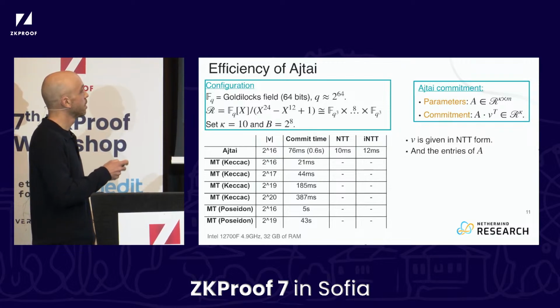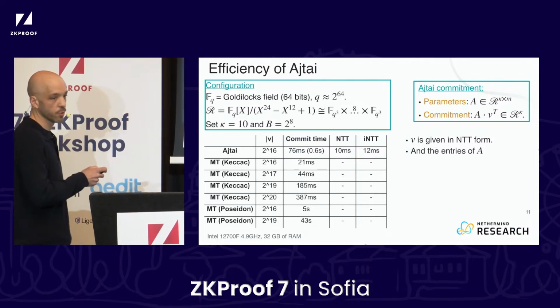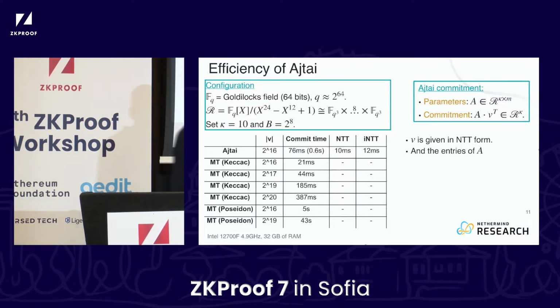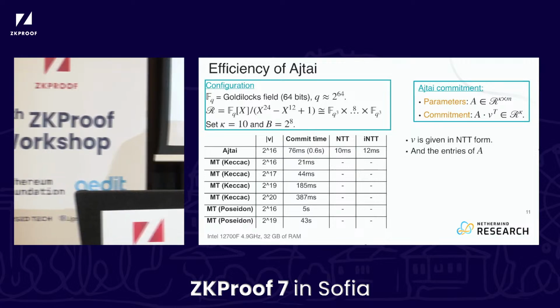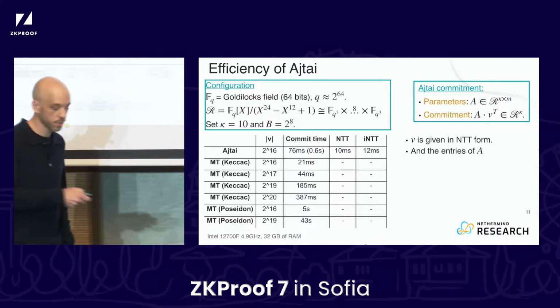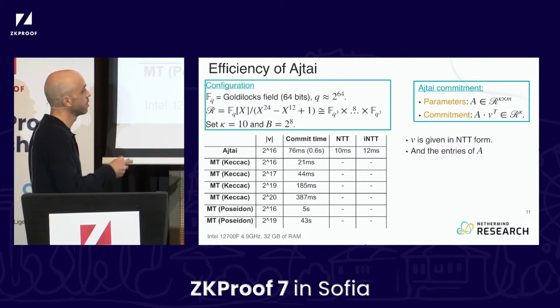Also, it might make sense to compare to 2 to the 20, because when you commit with Merkle trees, you usually commit to an encoding of the vector, and the encoding is larger by the rate of the code. So it might also be reasonable to compare 2 to the 16 to 2 to the 20.